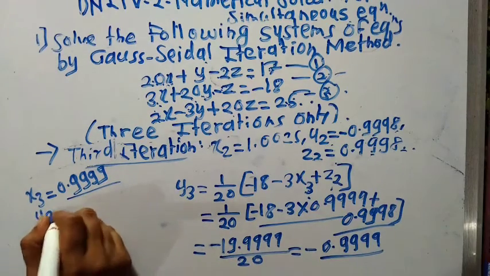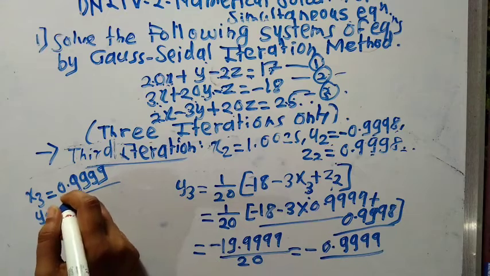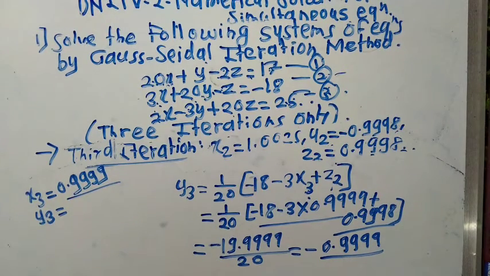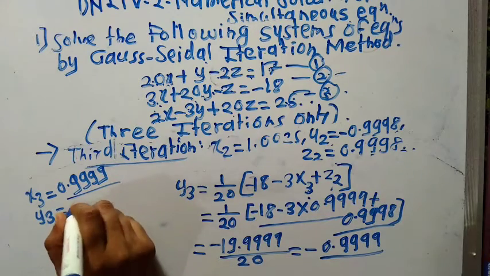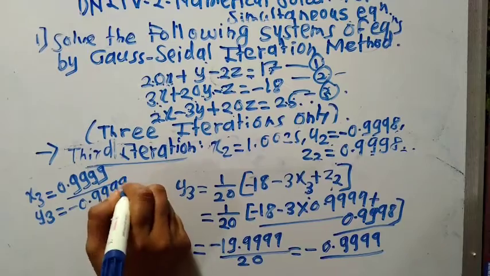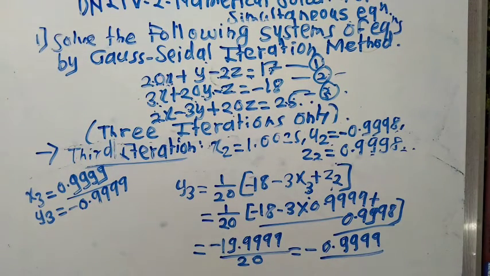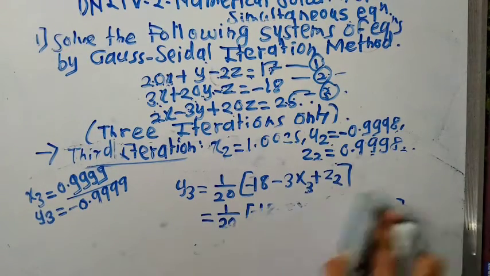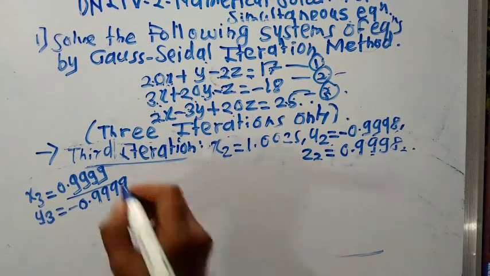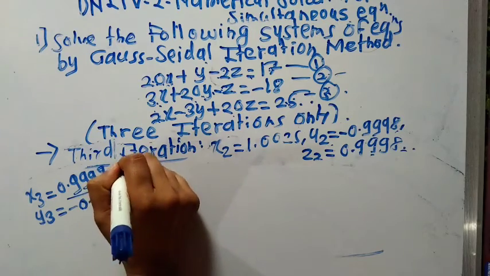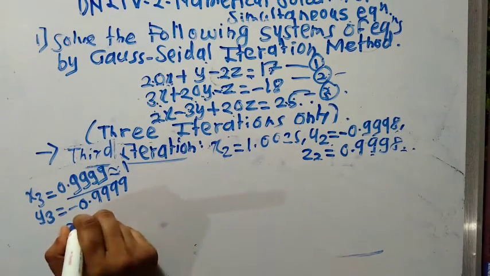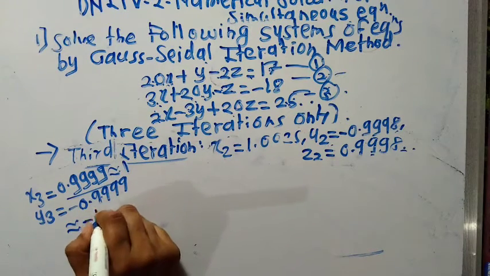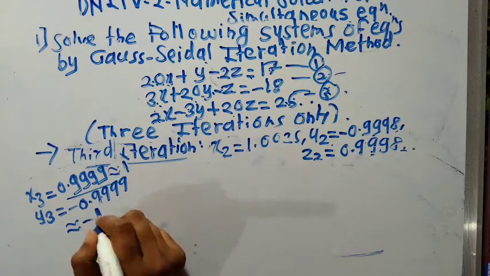So y3 is equal to minus 0.9999. Then find out z3. x3 is approximately equal to 1, and y3 is approximately equal to minus 1, because after 9s comes 10, so minus 1.